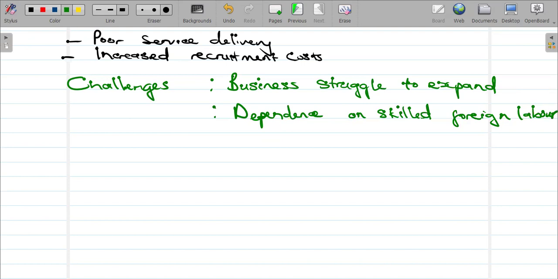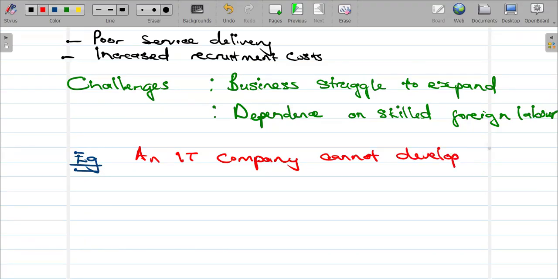Example, e.g., an IT company cannot produce or develop new software due to lack of skilled programmers.